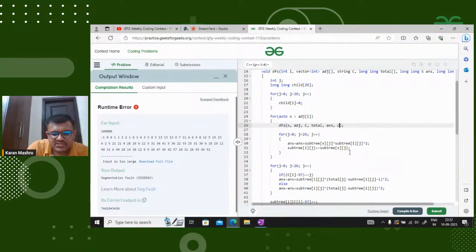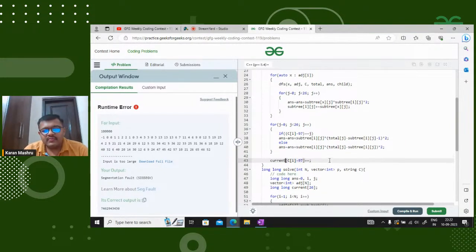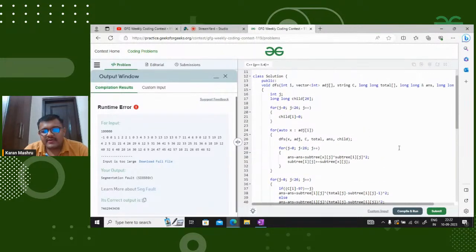So I pass child, which is declared here, in the DFS call on one of its children, and increment the count of child, right? So child of C of I minus 97. No, this would be current. So for the child, we are passing current in the parameter, right? We are passing child, so we will increment it, and answer will be equal to answer plus not subtree of x j, it would be child of j.